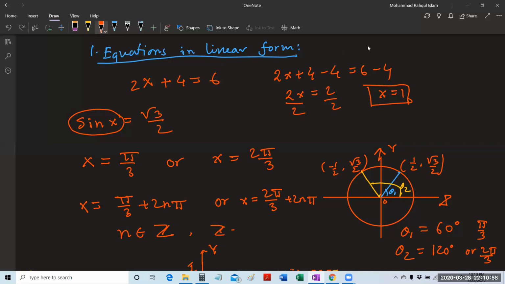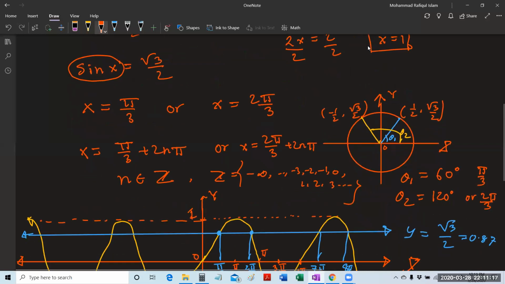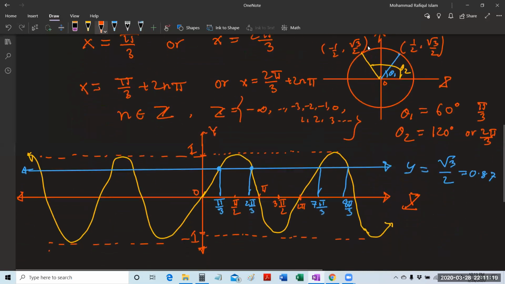This Z includes negative infinity, negative 3, negative 2, negative 1, 0, 1, 2, 3, and so on and so forth. So we can substitute n equals positive values, negative values, or zero. All the integers.